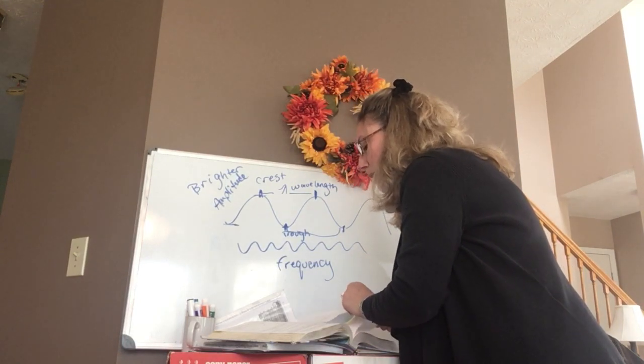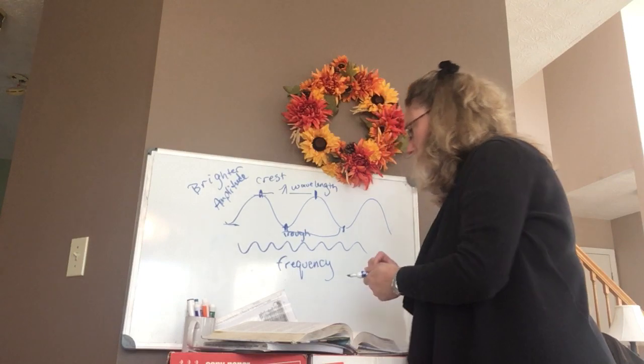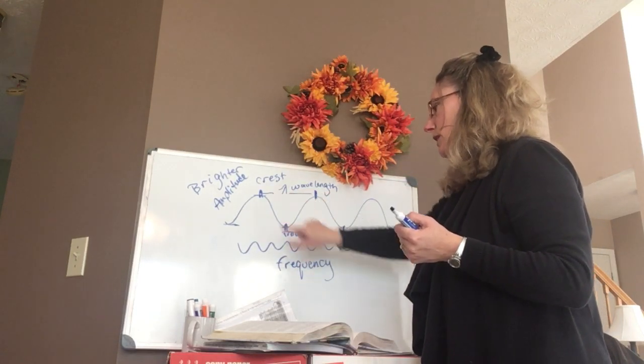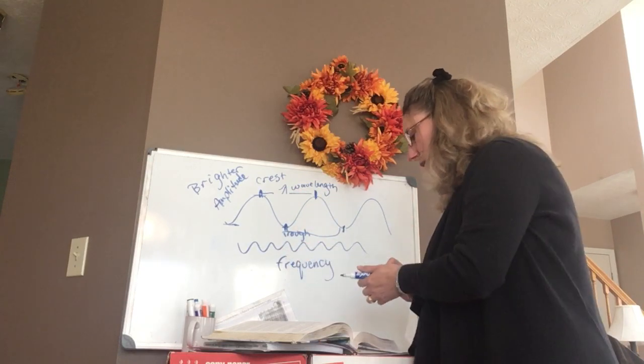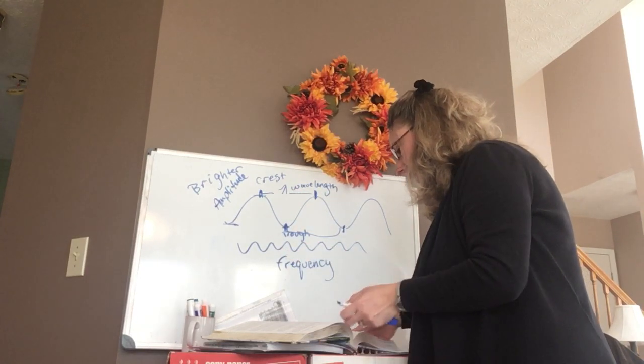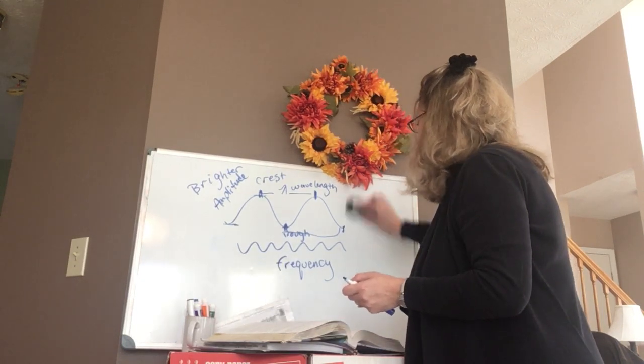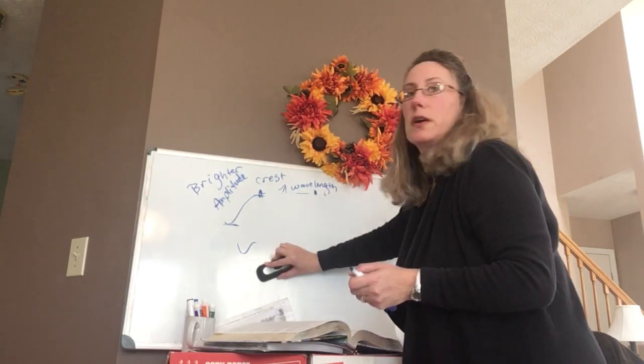It might help you remember: if this one's big, then this one's going to be small. If this one's big, this one's going to be small. All right, so there is a relationship between them, for light anyways. Oh sorry, does everybody have that?